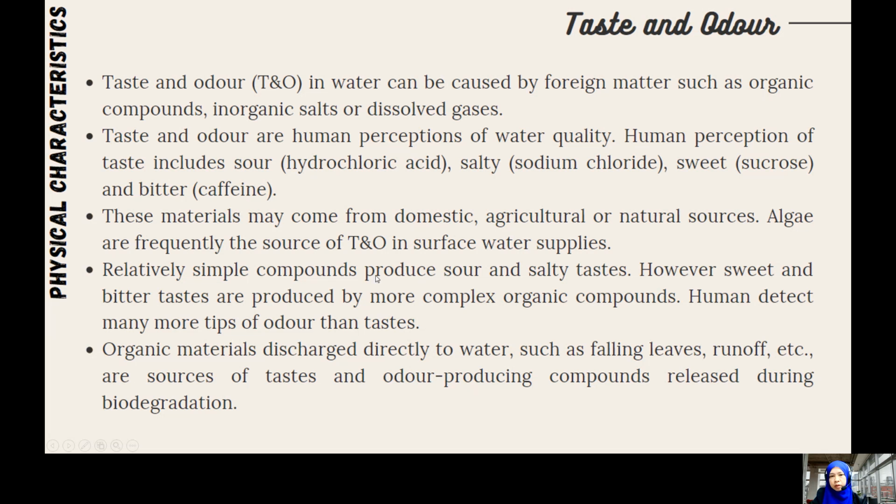Relatively simple compounds produce sour and salty tastes. However, sweet and bitter tastes are produced by more complex organic compounds. Humans detect many more odors than tastes. Organic material discharged directly to water, such as falling leaves and runoff, is a source of taste and odor, producing compounds released during biodegradation.